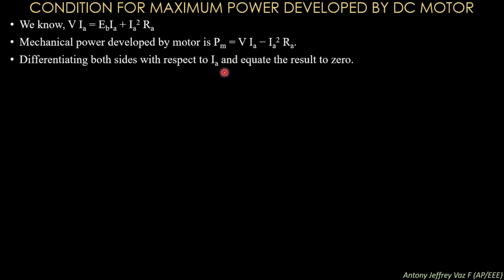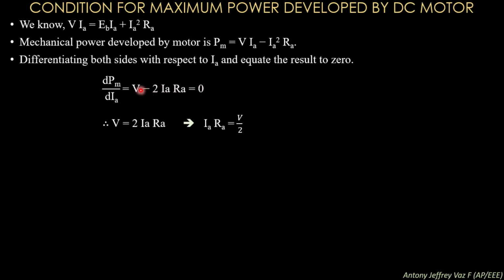So dPm divided by dIa will give you V, since V is a constant, minus 2IaRa from Ia squared Ra, which is equal to 0.